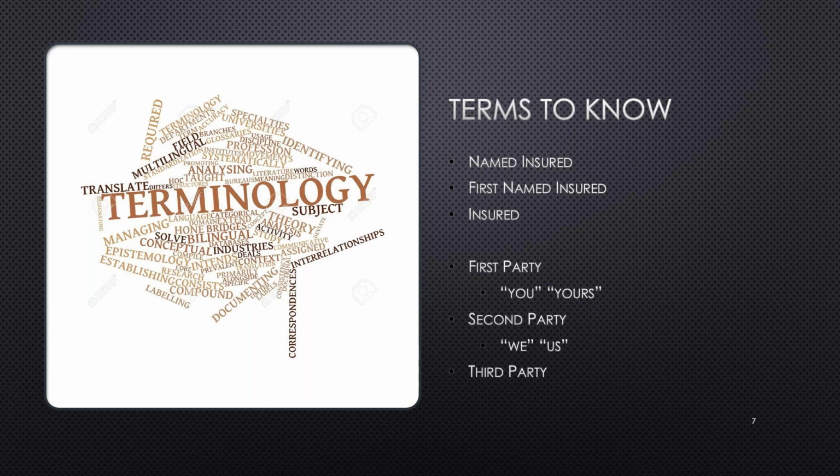The second party to an insurance contract is going to be the insurance company. And you'll see verbiage such as we or us. So we or us, the insurance company, are going to protect you and yours against loss. And we'll pay as long as you're legally obligated or legally liable to pay for the loss.